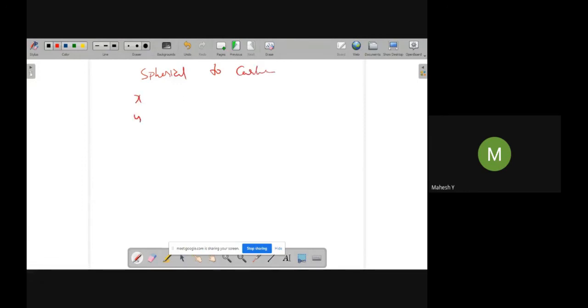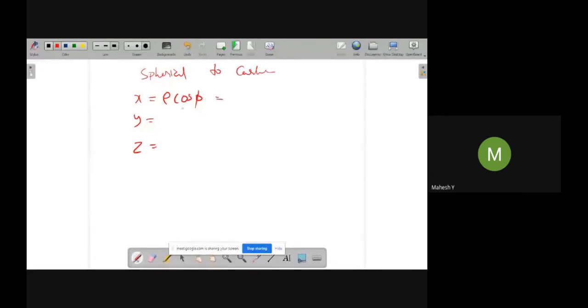That is, x, y, z should be written in terms of r, theta and phi. So what is x, y, z in terms of rho, phi and z? What is x? X is equal to rho cos phi. Correct?